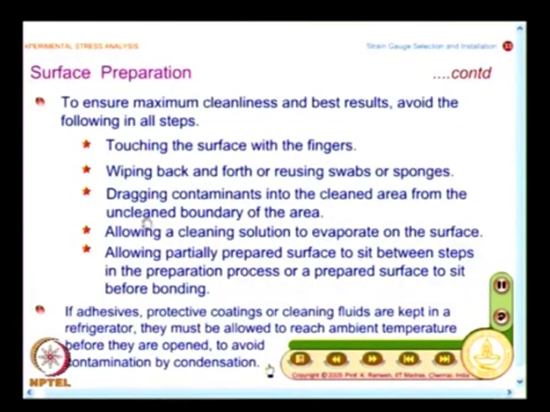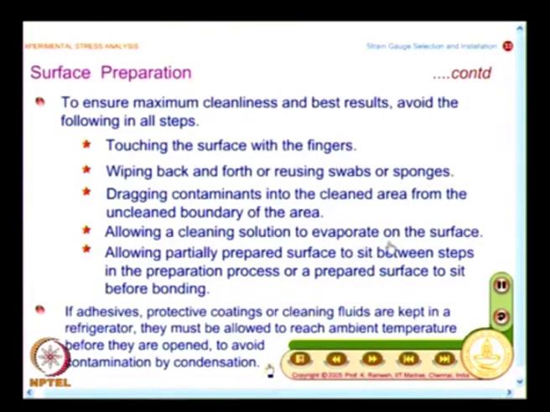Other aspect is you should not drag the contaminants into the cleaned area from the uncleaned boundary of the area. So, this you will have to take care of as you do each one of the steps. And when you look at conditioner or neutralizer, they are all liquids, and these liquids should not be allowed to evaporate on the surface.